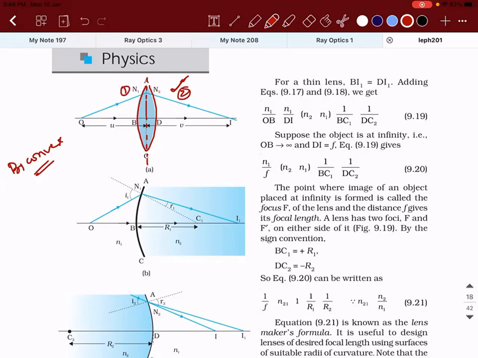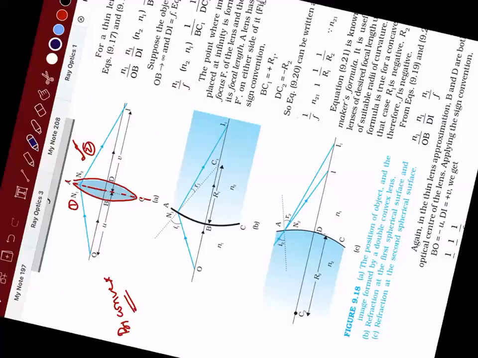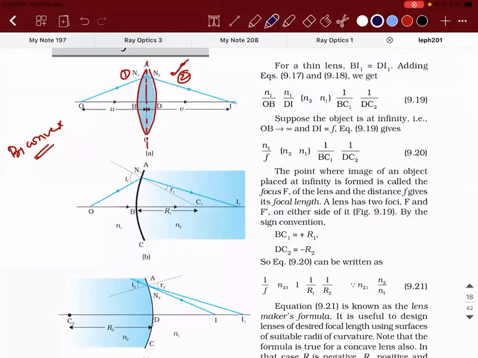Yes, sir. So what is going to happen here is, listen to this very carefully. At the first refracting surface, if I draw something like a free body diagram, that is, if I break it into two parts, this surface AC, the object is kept here. Accepted?